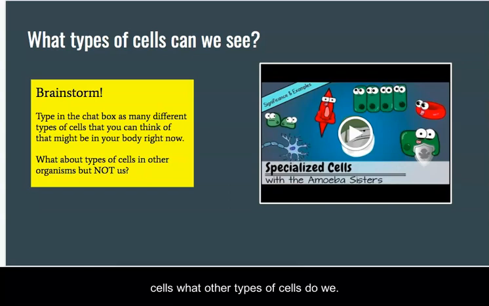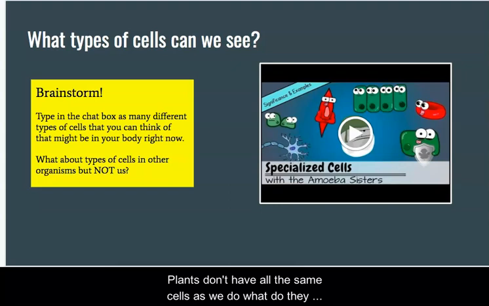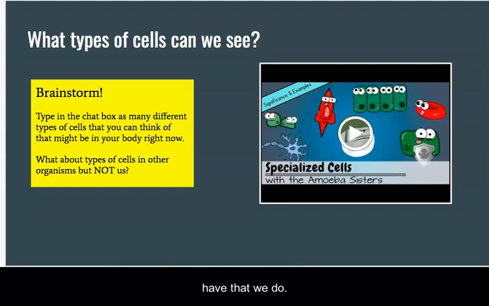What other types of cells do we have? And then I want you to think about, what cells don't we have? For example, plants don't have all the same cells as we do. What do they have that we don't? Or thinking about what they need to do and be able to do, what would they have that we don't?